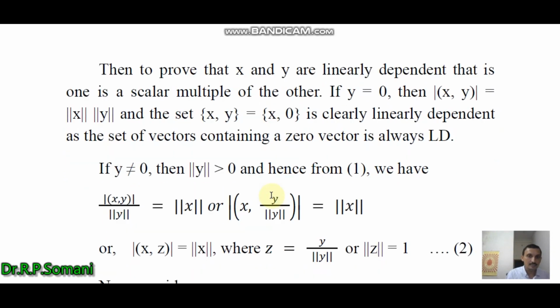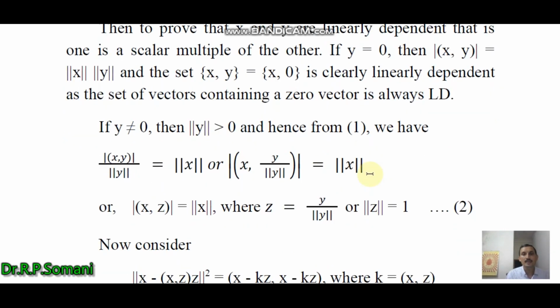Now the second case: if y is not equal to 0, then norm y is greater than 0, and hence from equation 1 we have the modulus of the inner product of x and y upon norm y equal to norm x. Taking the norm inside, we write this as modulus of the inner product of x and y upon norm y equal to norm x.